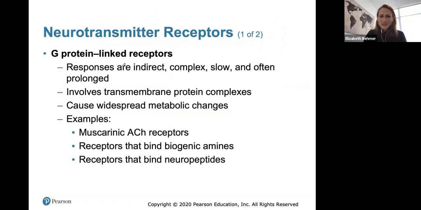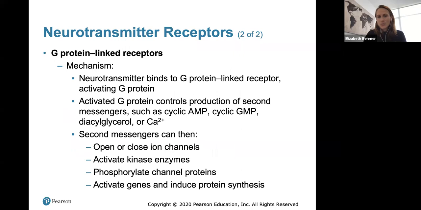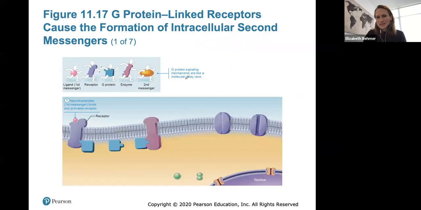G protein linked receptors are involved in transmembrane protein complexes, and they cause wide metabolic changes. And I won't ask you guys questions in this test, but we might see G protein linked receptors come up in a different section. They're muscarinic acetylcholine receptors, and the G protein signaling mechanism is kind of like a molecular relay race, where a ligand is the first messenger, where the neurotransmitter binds and activates the receptor.